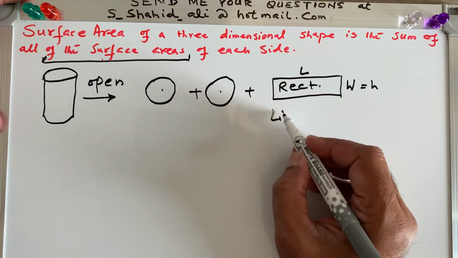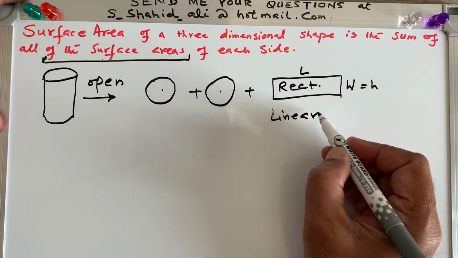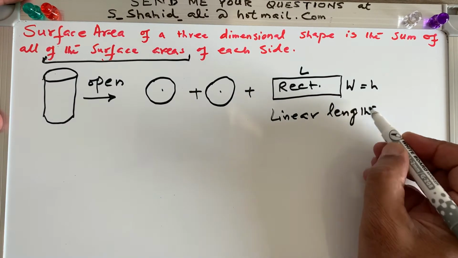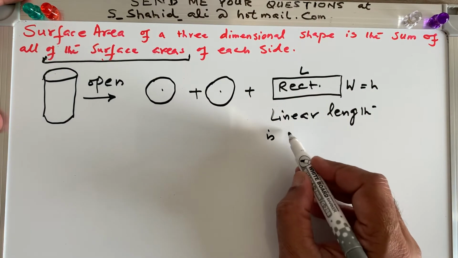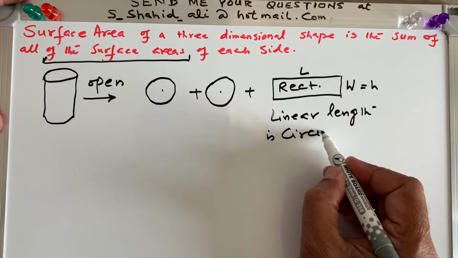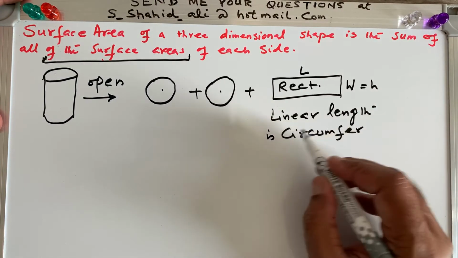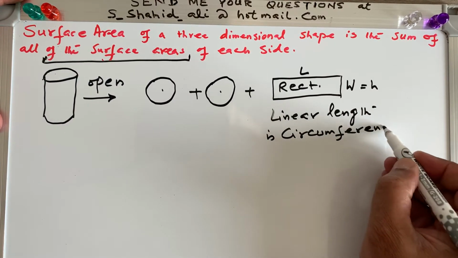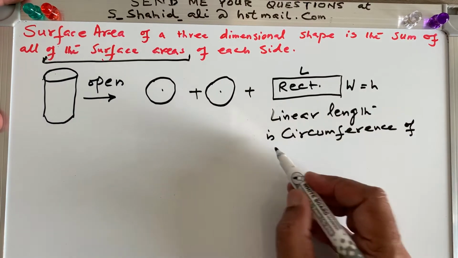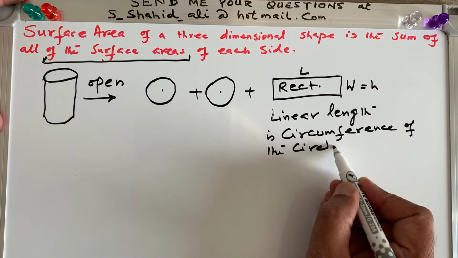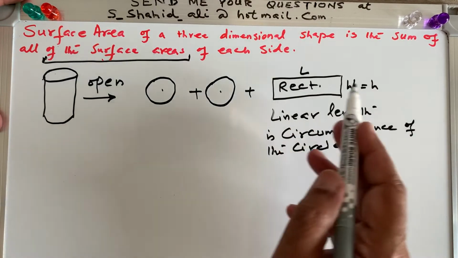We call it linear length. If we open the circle, linear length will be there. Linear length is the circumference of the circle. Very good, this we did when we were doing circle. So that means now we have to see individual areas of each.